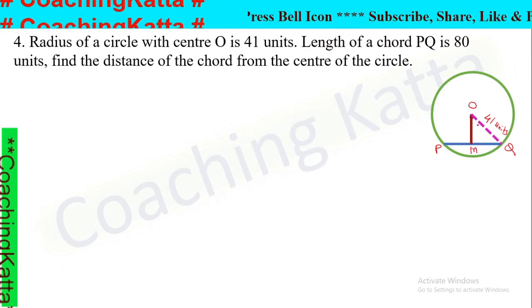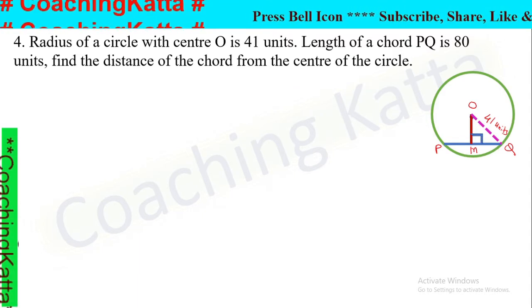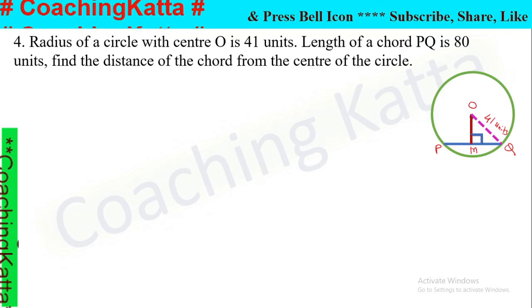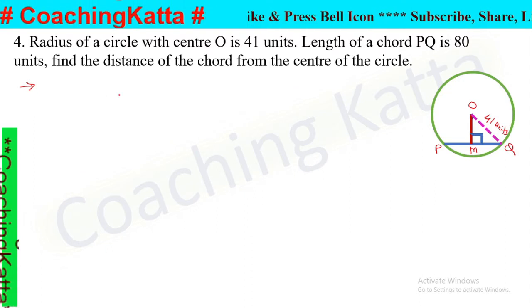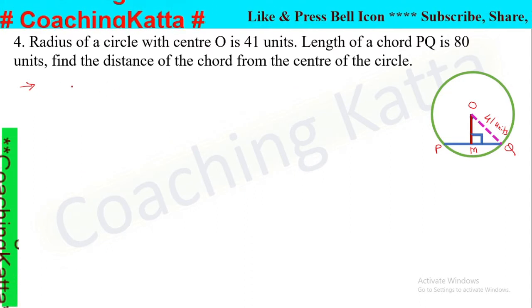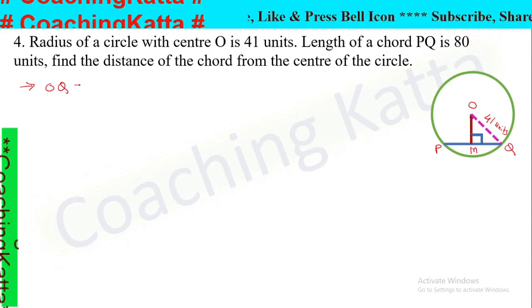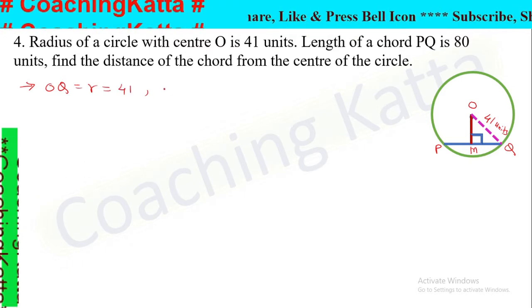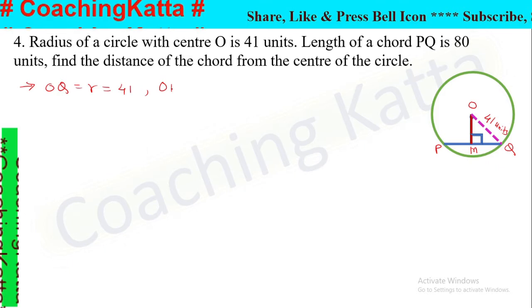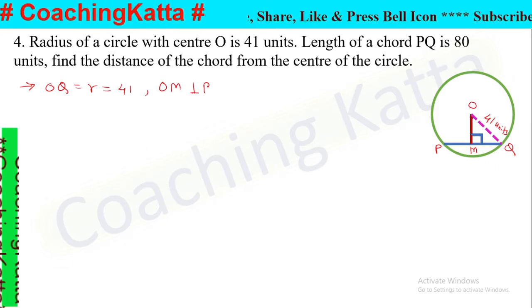Now perpendicular, denoted as ⊥, means right angle. Right here it is given that OQ equals the radius, which is 41, and OM is perpendicular to PQ.